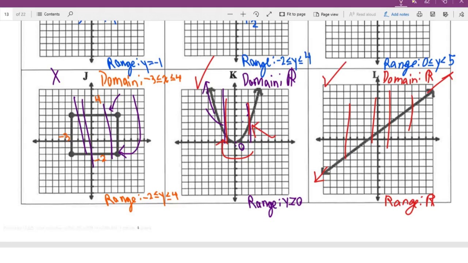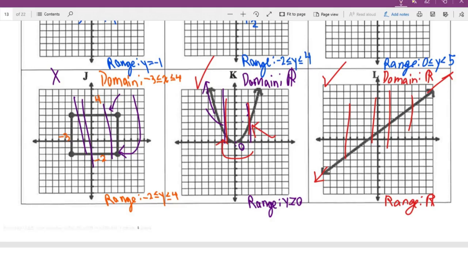So to review, we have our domain and our range. Our domain deals with our x values, and our range deals with our y values. As we're doing problems like these, it's important to keep in mind the difference between a relation and a function.